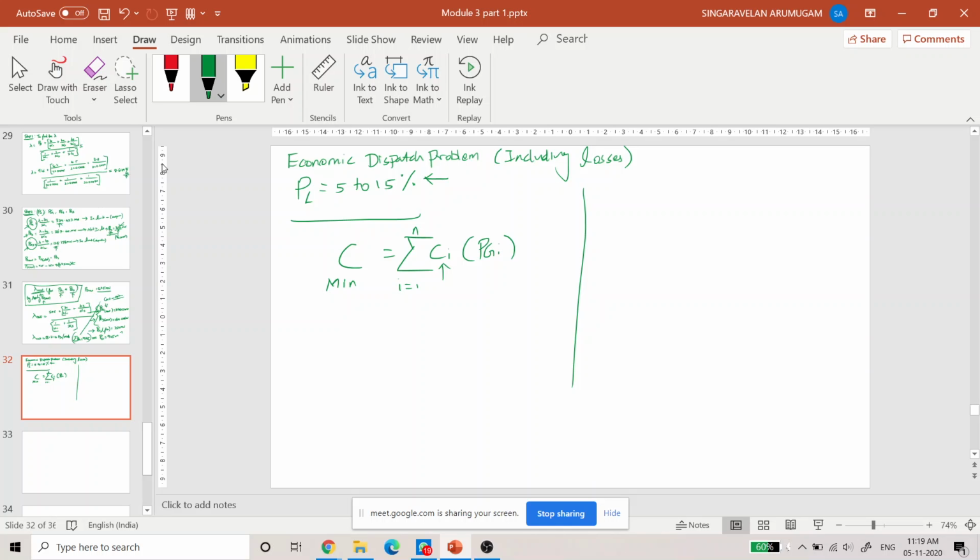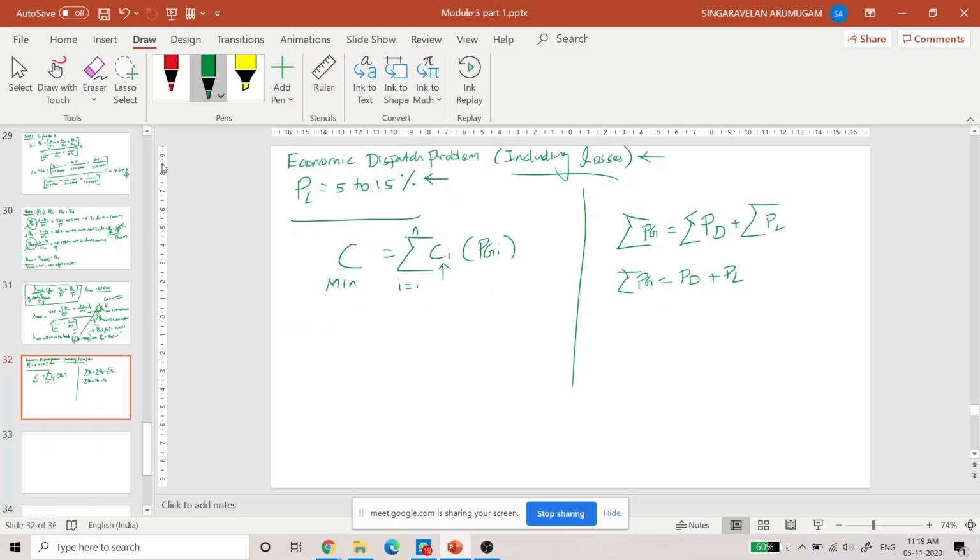Last time the constraint was that the total power generated must be equal to the total demand. But this is not the case if you include the loss. If you include the loss, then the total power generated should be equal to the demand plus the total loss. In general we can write Pg equals Pd plus PL.